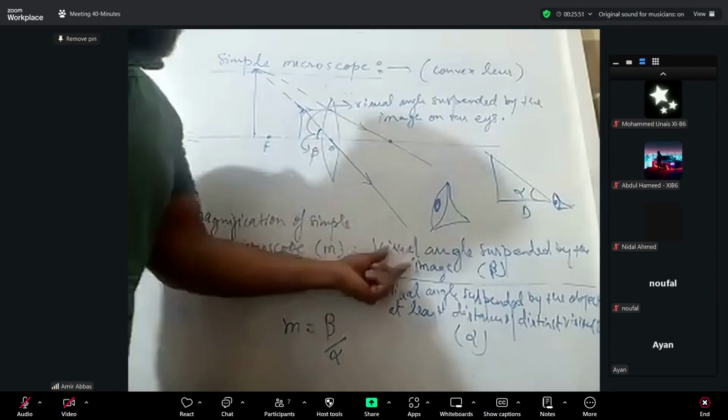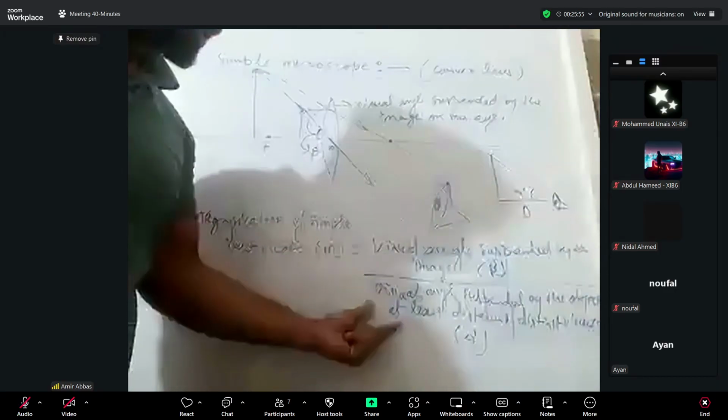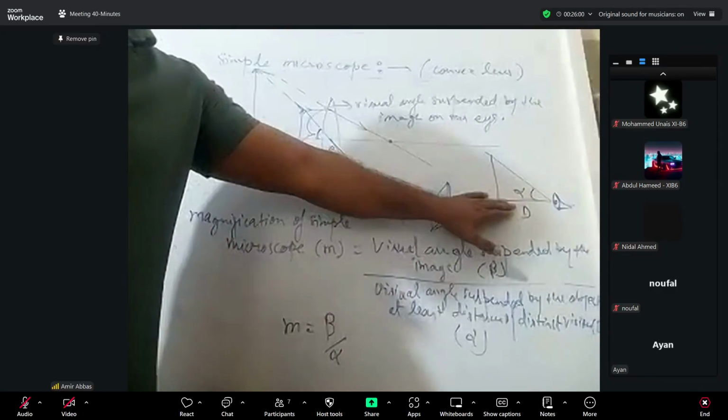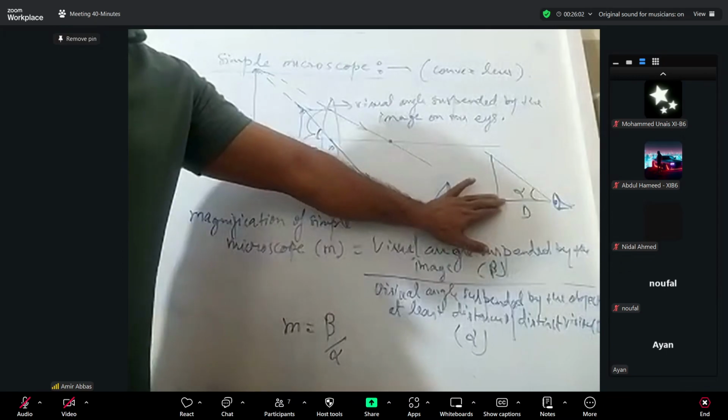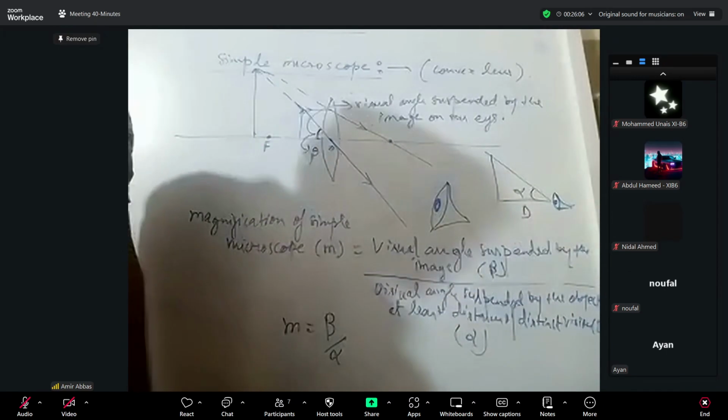The ratio of the visual angle suspended by the image to the visual angle suspended by the object when it is kept at the least distance of distinct vision for the eyes. This is the case for the alpha and this is the case for the beta. Have you got this?